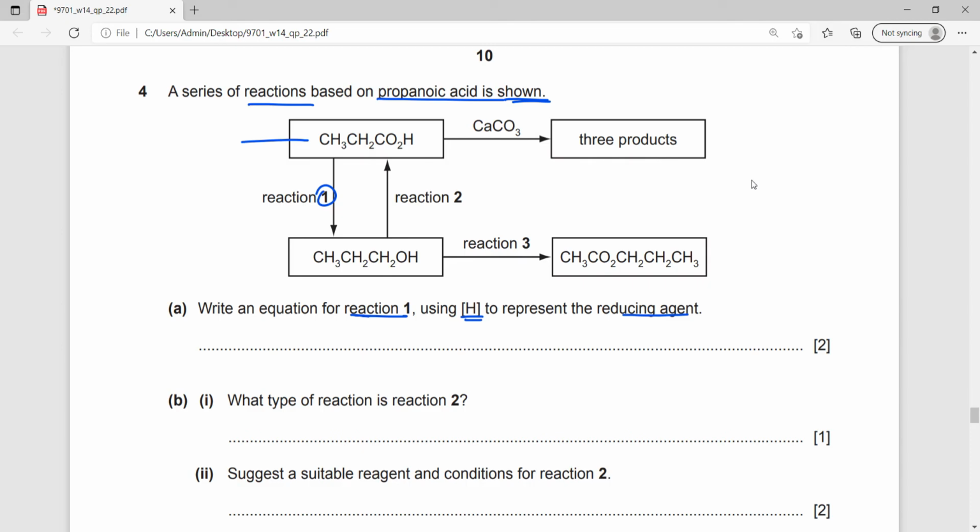So propanoic acid is reduced to propan-1-ol. CH3CH2CO2H plus [H] gives CH3CH2CH2OH plus H2O, because there's another oxygen, right? On the left hand side there are 6 hydrogens, whereas on the right hand side there are 10 hydrogens. So to make this balanced, you have to add a 4 here.